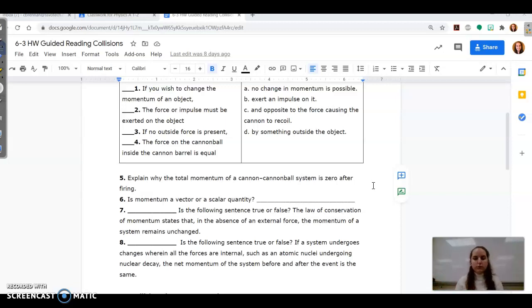So if we were to find the final momentum after that, then we can take this positive momentum from the cannonball added to that negative cannon momentum, and we are going to find that the sum of those two things is going to be 0.